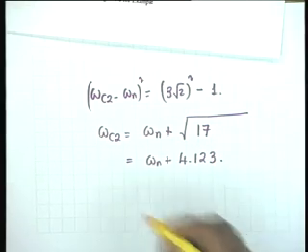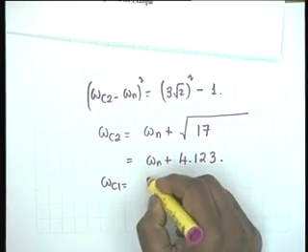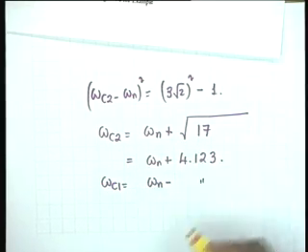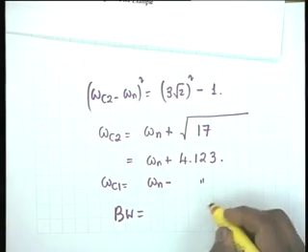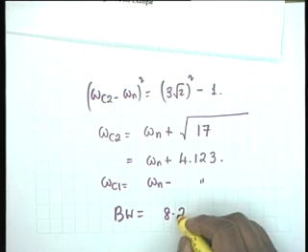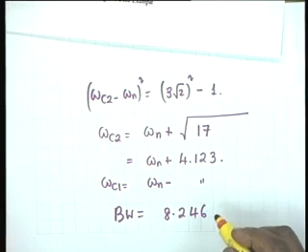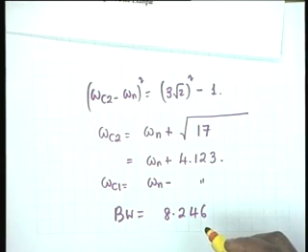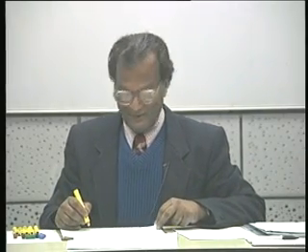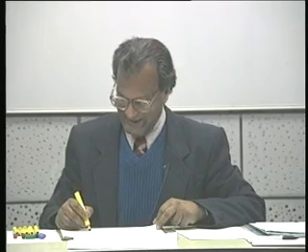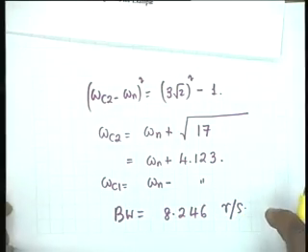All right. Therefore, omega C1 by symmetry would be omega n minus the same quantity. Therefore, the bandwidth is the difference between the two. It would be 8.246. You must put the appropriate unit. What is the unit for bandwidth? Frequency, radians per second. Okay, radians per second.